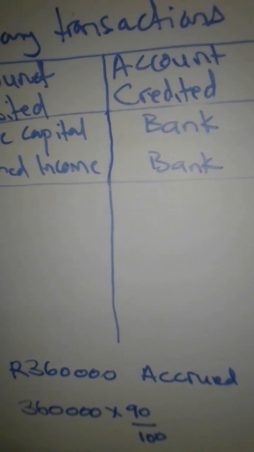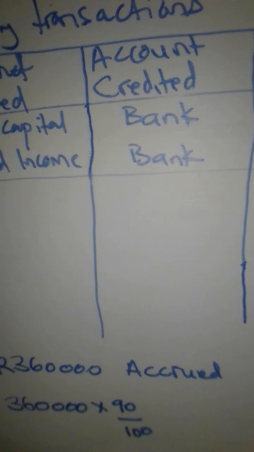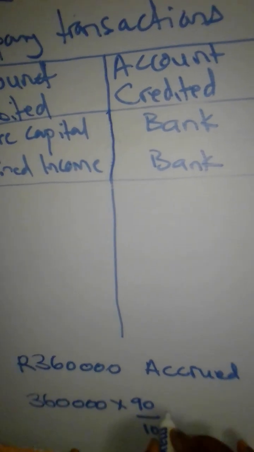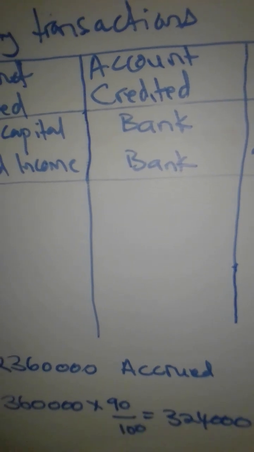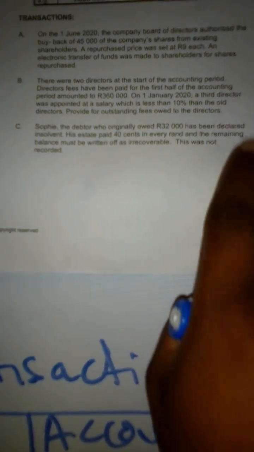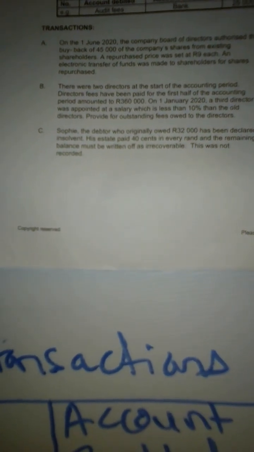Let's calculate and find out how much we are going to get. If we say 360,000, we are going to get 324,000. So this new director is going to get 324,000 for the whole year. But now let's consider this. This director was appointed on the 1st of January and the year is ending on 30 June. So the money that is due to him in this financial year is only for 6 months.